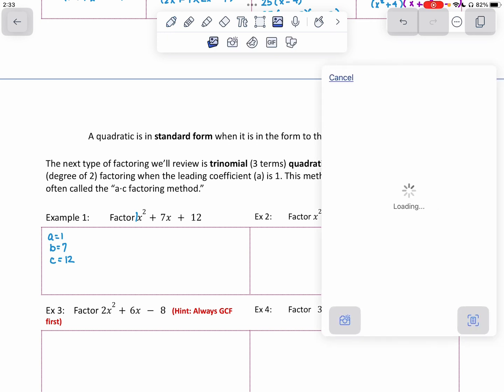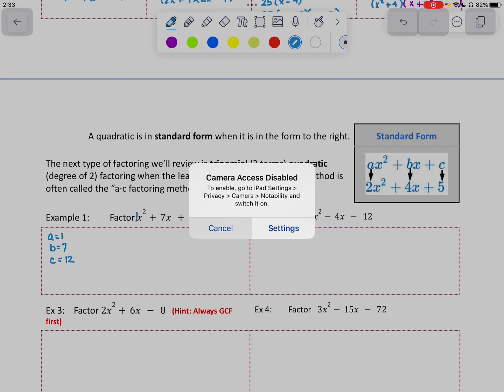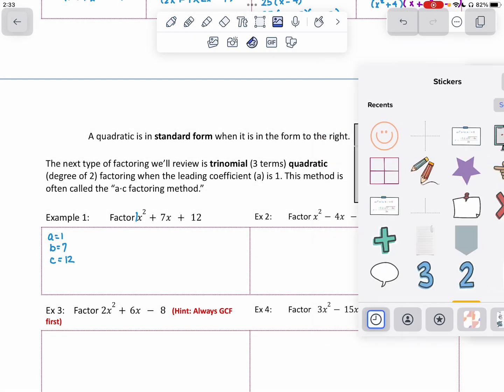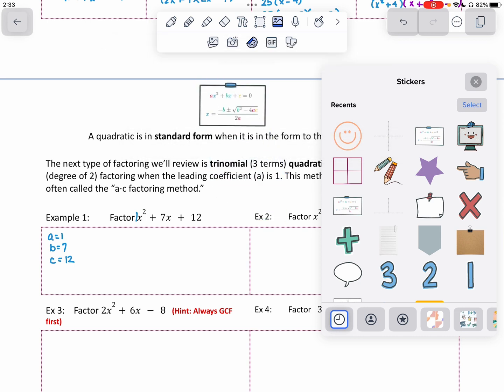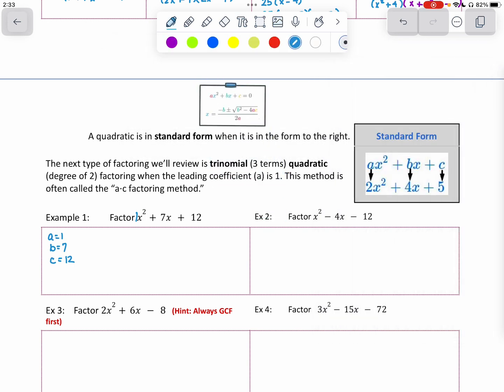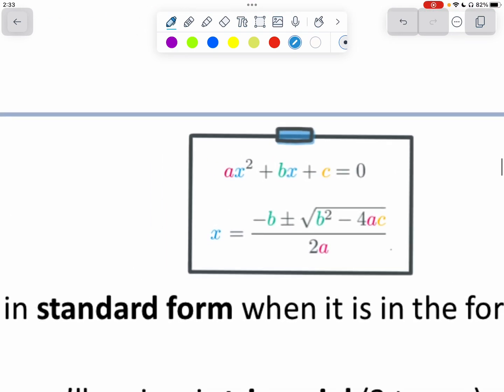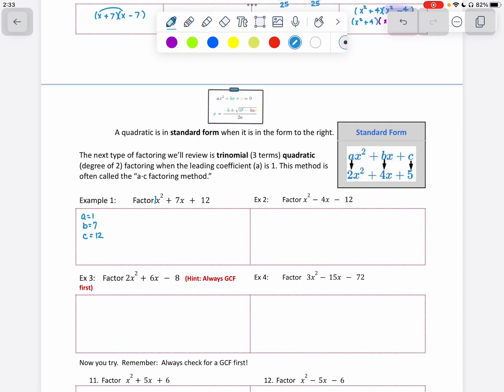If you remember, the quadratic formula starts when it's in standard form, and it's the same A, B, and C. So we want to find two numbers that multiply to give us A times C, which in this case is 12, and add together to give us B, which in this case is 7. So we need them to multiply to give us 12 and add to give us 7.